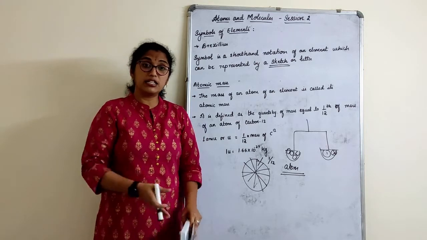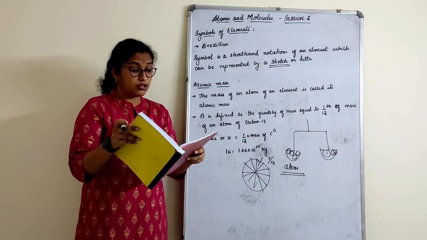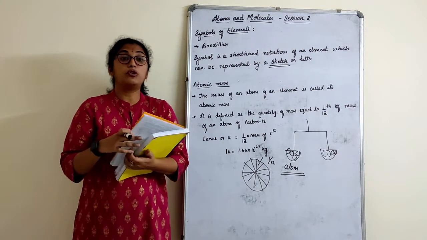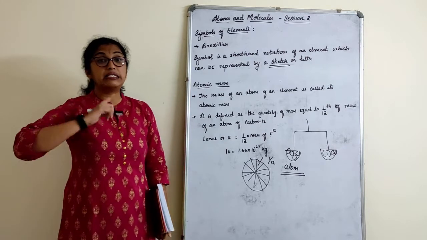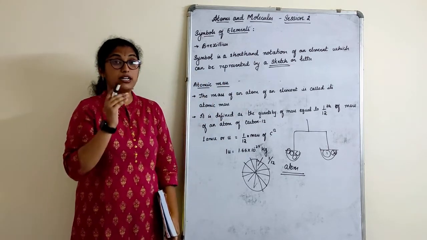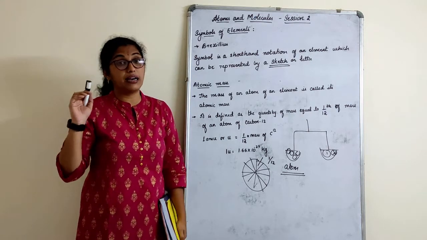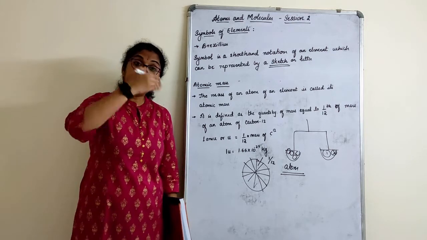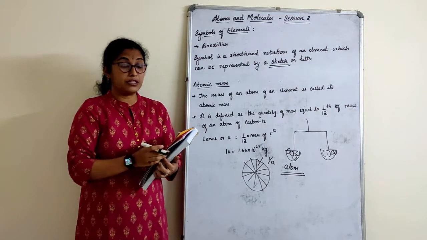So these are the atomic masses of several elements. Now they will not ask you, how did you come to a conclusion that nitrogen's atomic mass is 14 units? How did you measure that? We could measure only when it is compared with respect to the carbon 12 element. Mass is 1/12 the mass of carbon 12. Readily we have got the answer here, but how did we arrive at that? It's only because of this.